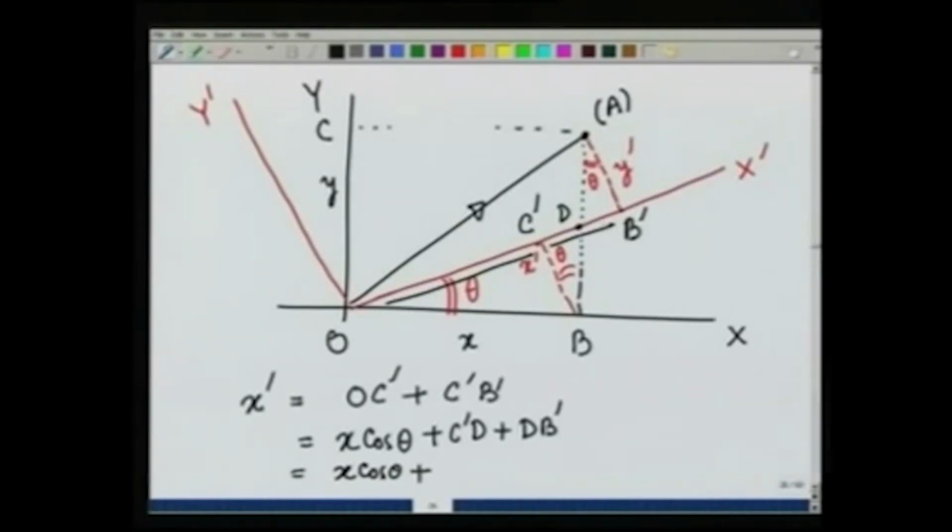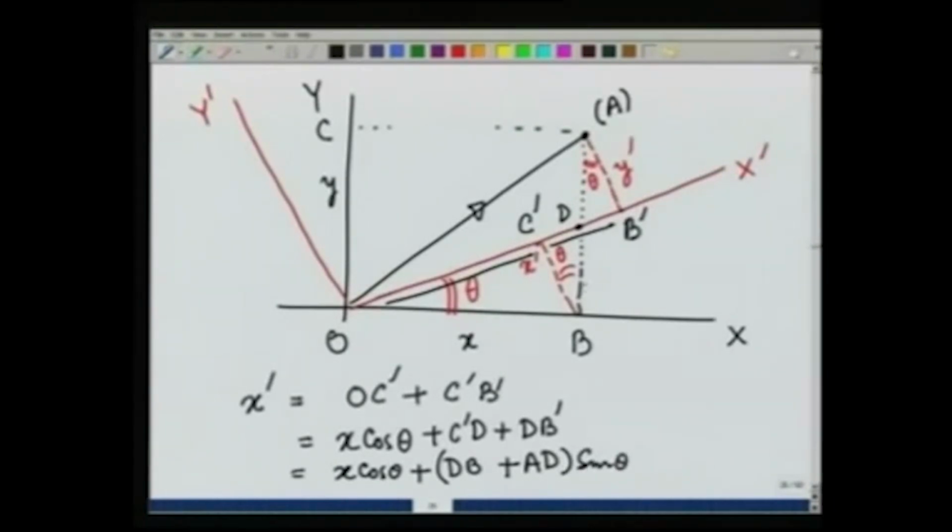C prime D is nothing but D B sine of theta. I am deliberately writing it like this, plus D B prime is nothing but A D sine of theta. Sine of theta I have taken out.